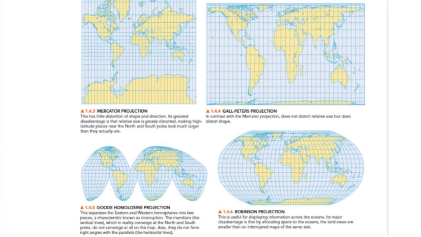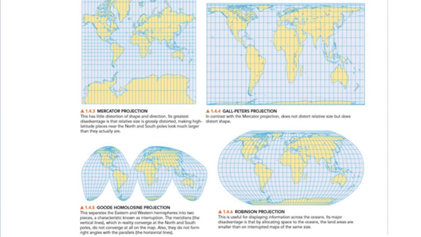Its greatest disadvantage is that relative size is grossly distorted, making high latitude places near the North and South poles look much larger than they actually are. Gauss-Peters projection. In contrast with the Mercator projection, it doesn't distort relative size, but does distort shape.